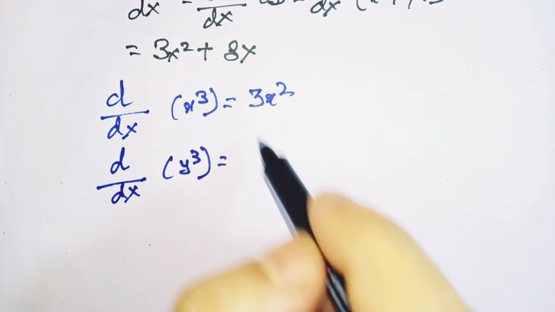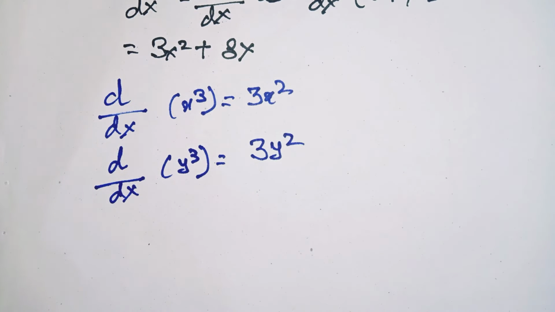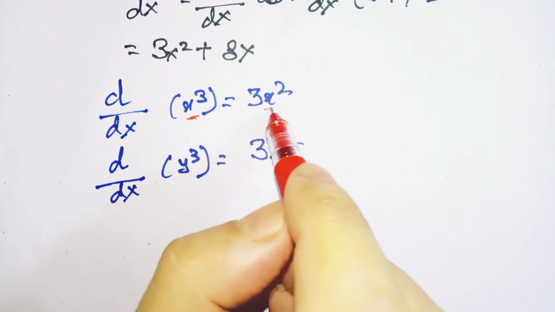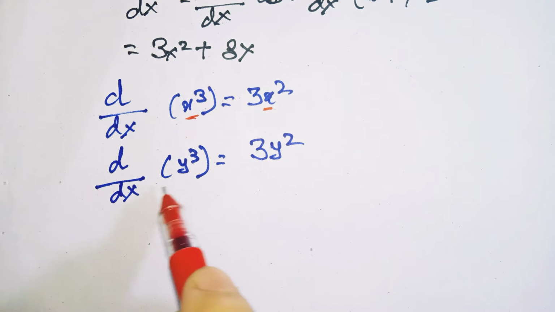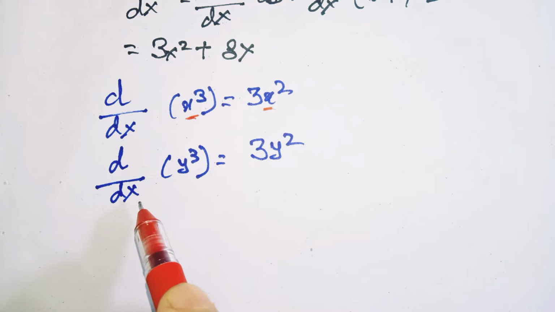Okay, what it would be, we know by the power rule that it becomes 3y squared, right? Now see, what is happening over here is that when we found the derivative of x cube, this part and this part are matching. But when we found this part, you see this part and this part are not matching.